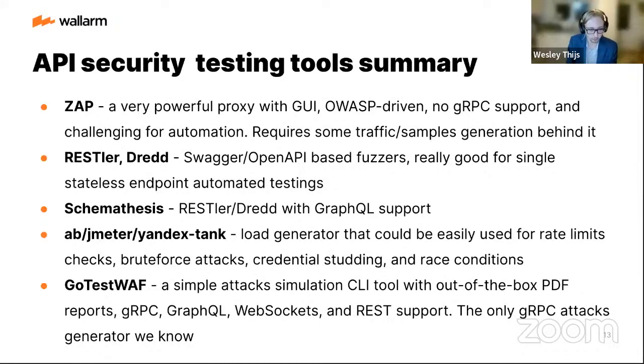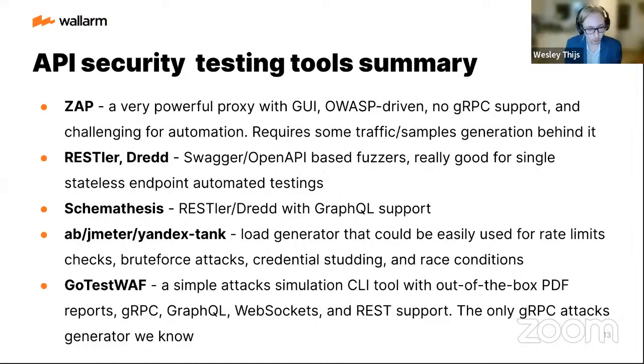AB, JMeter, and Yandex Tank are load generators, and they could easily be used for rate limiting checks, brute forcing attacks, credential stuffing, and rate limits, especially tools like AB and JMeter. You can do a lot with traffic manipulation. You can gather all of your traffic at one point and fire 10,000 requests at once with these tools. They're really useful for that kind of work.